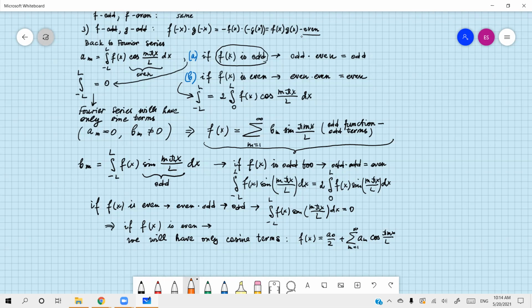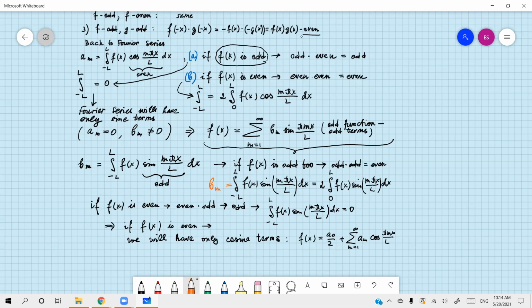An odd function is producing 0 terms, and the series is going to be only the sine series. Now, what is going to be the sine series if it's odd? If f of x is odd, then the coefficients bm will be equal to the double of the integral.